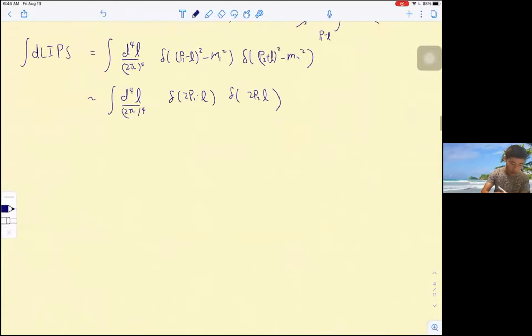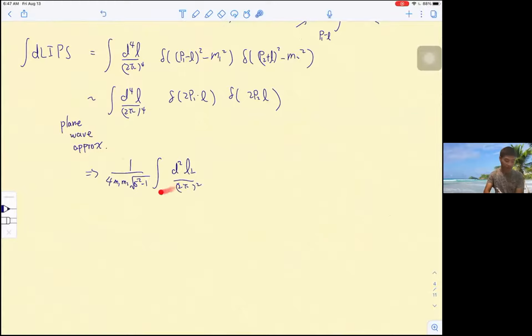So if you're willing to do this plane wave approximation, then the result is proportional to 4 m1 m2 and the two-dimensional momentum transfer, which is exactly the kernel you got from the previous eikonal approximation.